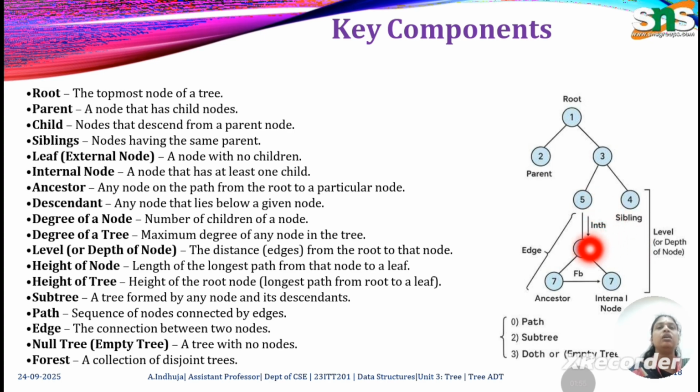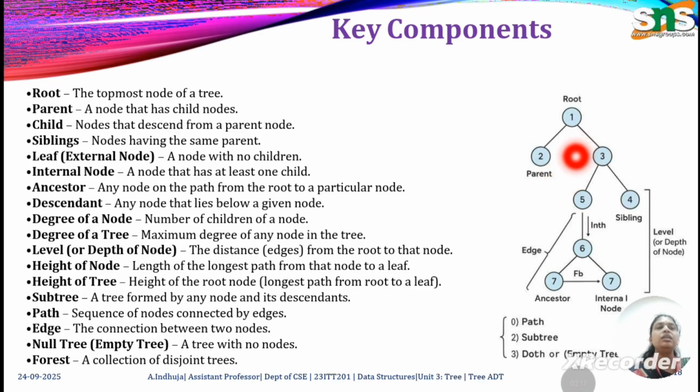What do you mean by the degree of a node? The number of children the node has is the degree of that node. For example, if you consider 1, the degree of 1 is 2 because it has 2 children. So what is the degree of a tree? It is the maximum degree of any node in the tree.